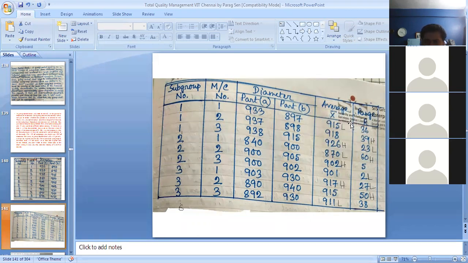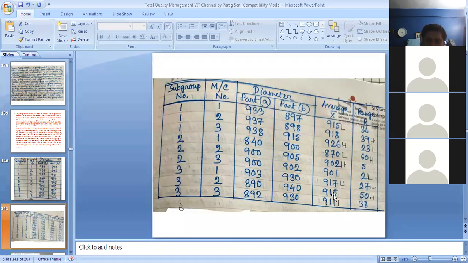When you plot these charts, you will plot only the highest and lowest values, but all the other values will automatically come within that limit. So if your highest and lowest values are within the control limits, then it is not required to show all these values. But if your highest or lowest value goes beyond the control limits, then you need to show it, because there might be some other points which are beyond the control limits.